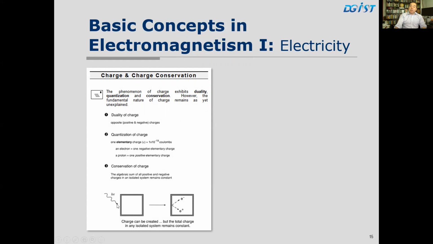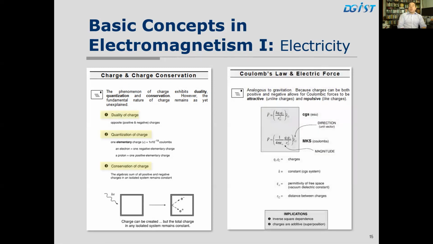Some light comes in, and that creates a photoelectric effect that creates an electron, say, and a positron, oppositely charged. So you can see the charges are created inside this box, the isolated system, as it were, but the net charge is going to be constant. So duality of charge, quantization of charge, and conservation of charge.